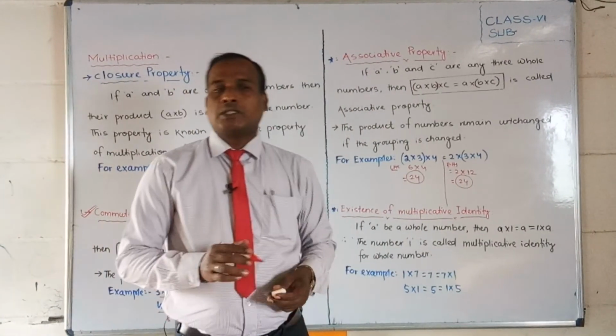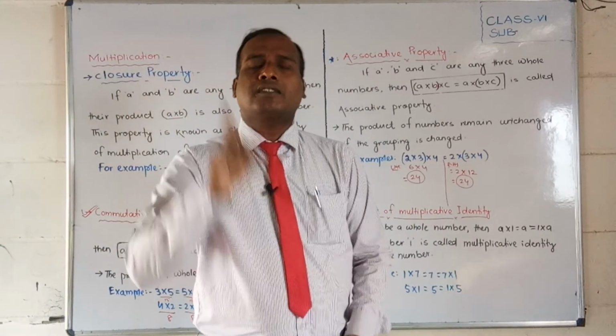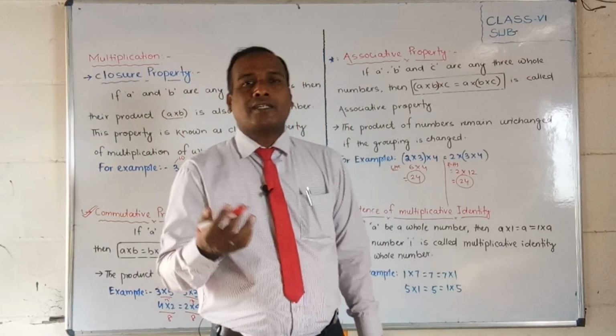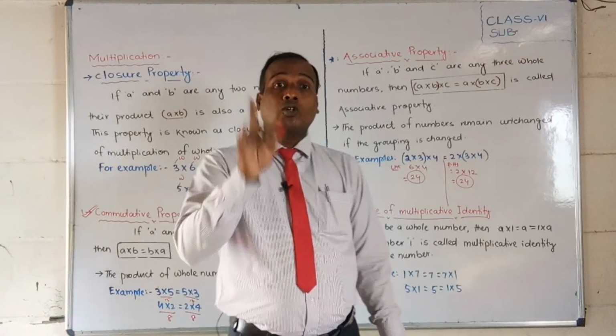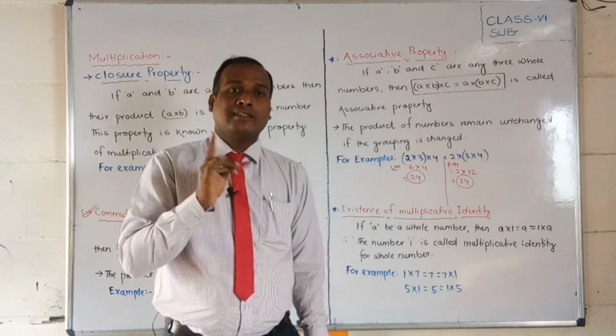Look here, students: if you multiply any number by 1, the answer is that number itself. Suppose 5 into 1, what will you get? 5. 10 into 1, the answer is 10 itself. So 1 is called the multiplicative identity.